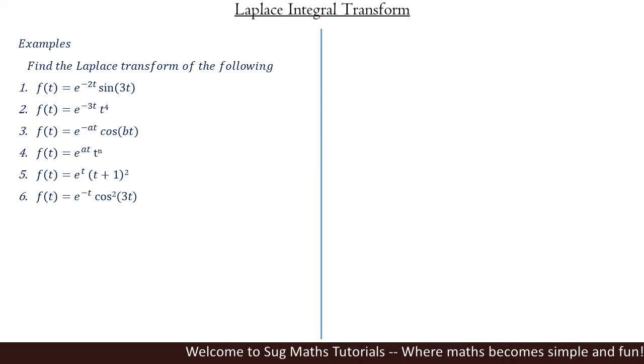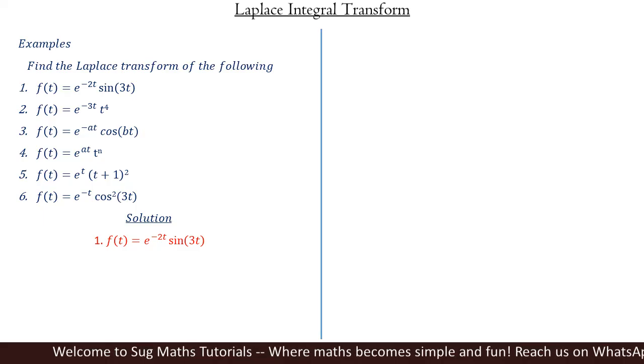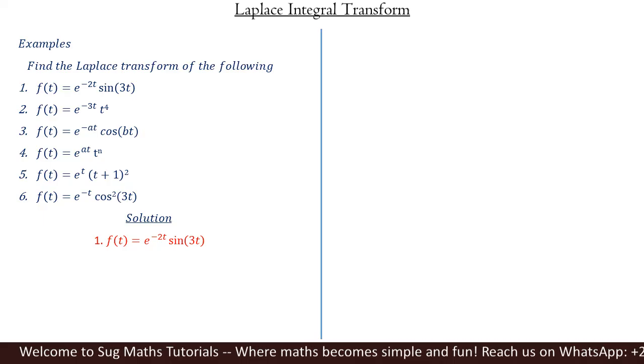Number 1 says f of t is equal to e raised to the power of minus 2t sine 3t. Are we together? Good.